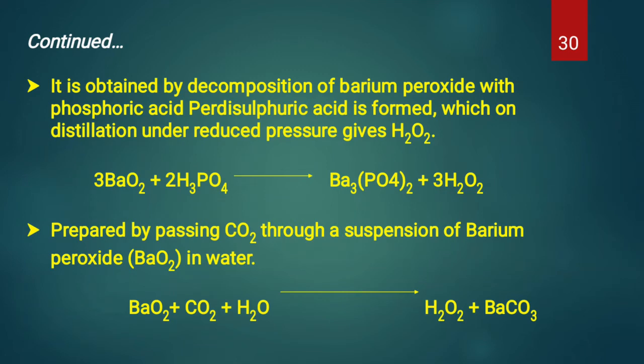It may also be prepared by passing CO2 through a suspension of barium peroxide in water. Reaction involves treatment of BaO2 with CO2 and H2O to form H2O2 and barium carbonate, that is BaCO3.